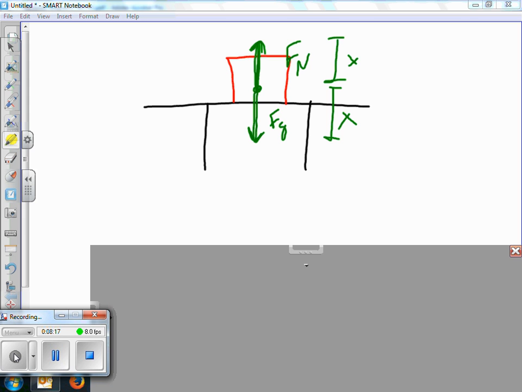Okay, so the question was, what about static friction? Which is a very good question. So the definition of friction is an opposite motion or potential motion. So you might ask yourself, is there motion or potential motion here?